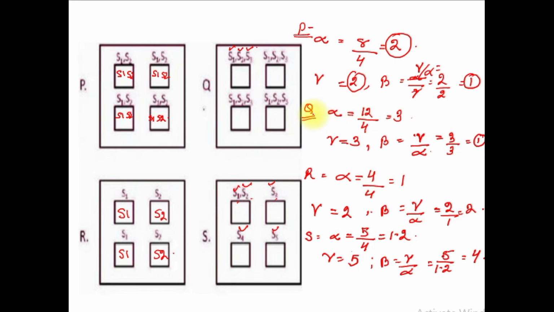So the maximum alpha is in Q. For beta, P has 1, Q has 1, R has 2 and S has 4. So the maximum beta is 4, which is for S.